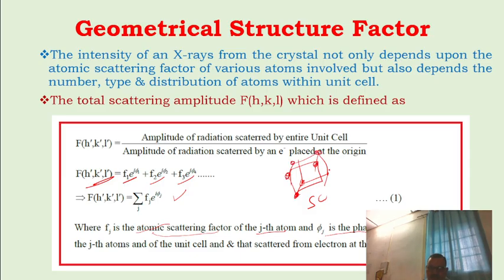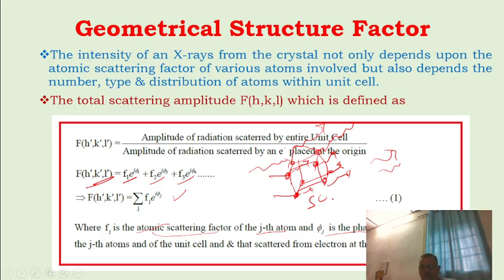So if these are at the corners, then when X-rays strike them there is scattering from this, scattering from this. X-rays strike the atoms and scatter like this, like this. From the whole fraction of the atom there is scattering, and I have the total scattering from the unit cell. So this is basically what we have to find.